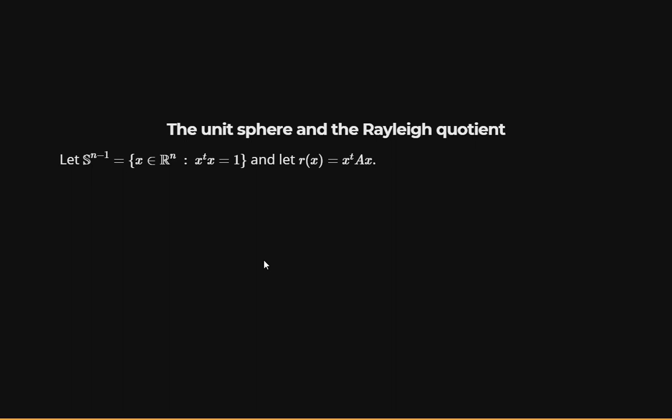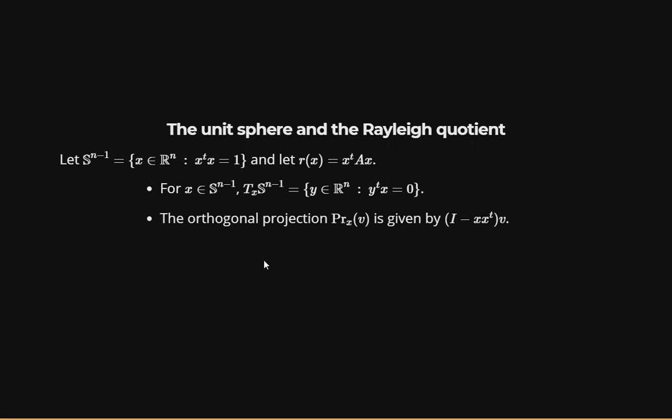Now, the tangent space to the sphere, as I told you before, is just the orthogonal to the radius. The orthogonal projection is easy because you just project the vector on the radius and subtract that component. So identity minus the projection on the radius vector, and this is the orthogonal projection on the tangent space.